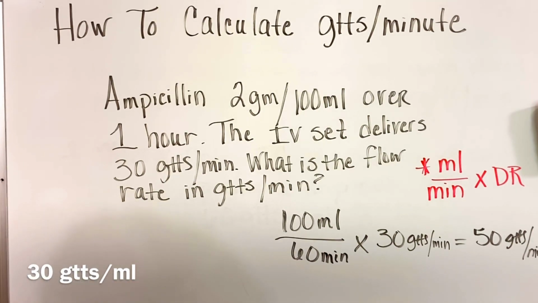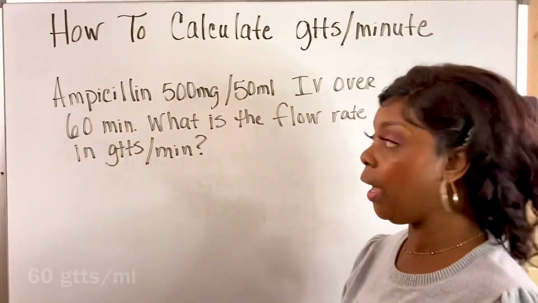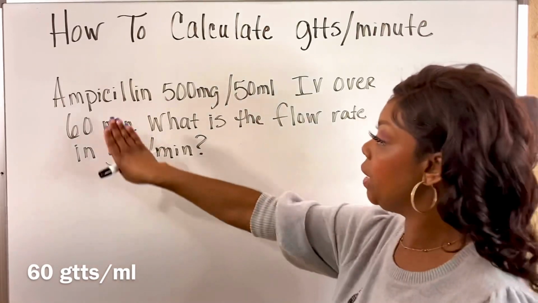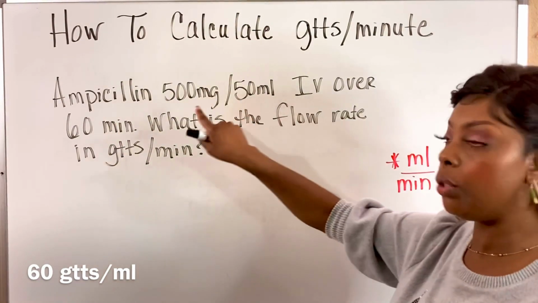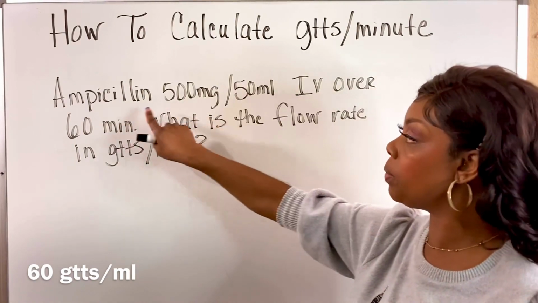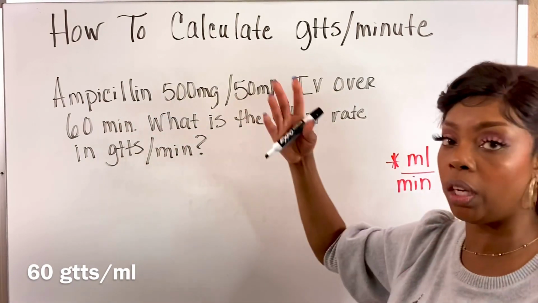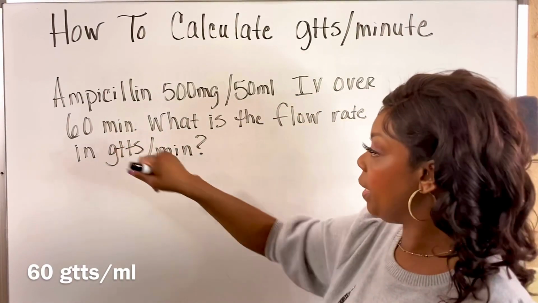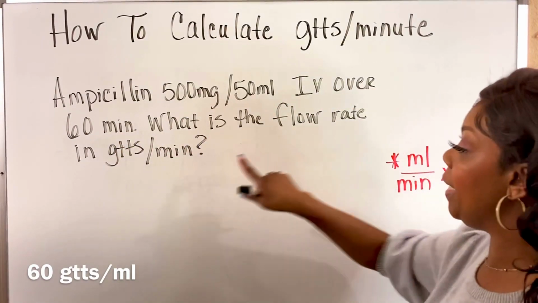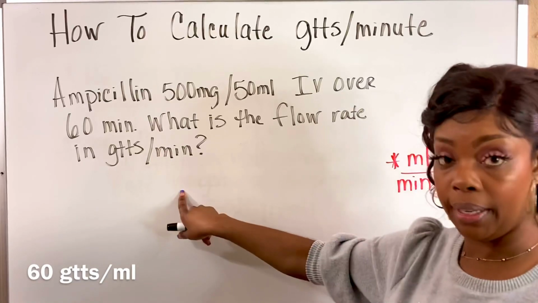All right, let's continue on with another one. Okay, so we have another one. This one is ampicillin. We have 500 milligrams in 50 milliliters, so that means there's 500 milligrams of ampicillin in 50 milliliters of whatever solution this is. IV over 60 minutes. What is the flow rate in drops per minute, okay?